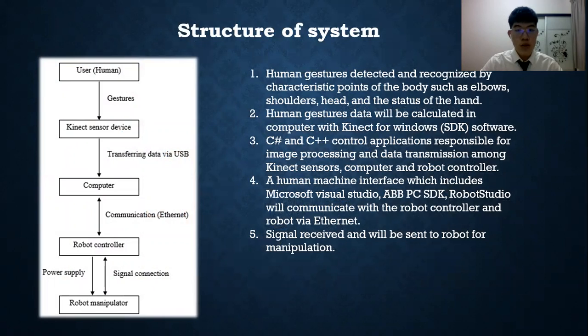The human gesture data will be calculated in the computer with the Kinect for Windows software, and the data will be transferred to the robot controller. C# and C++ control applications will be responsible for image processing and data transmission among the Kinect sensor, computer, and robot controller.